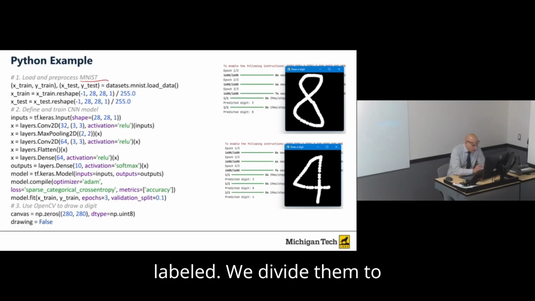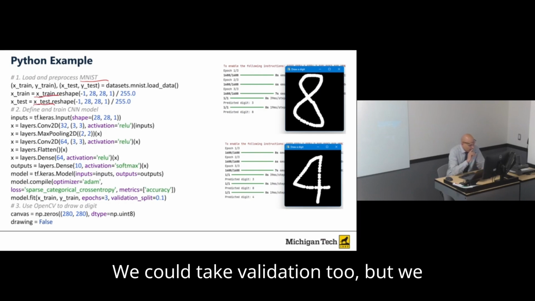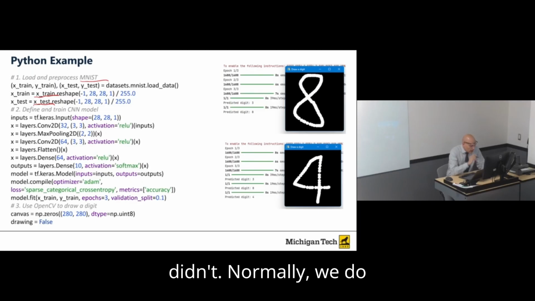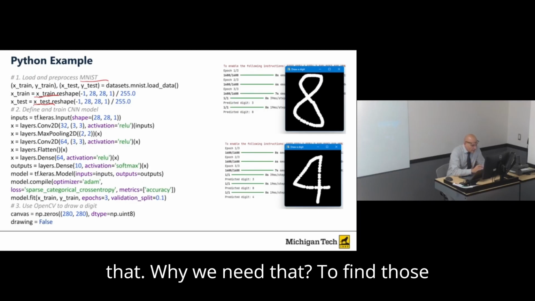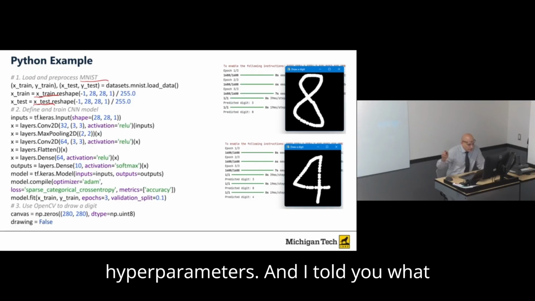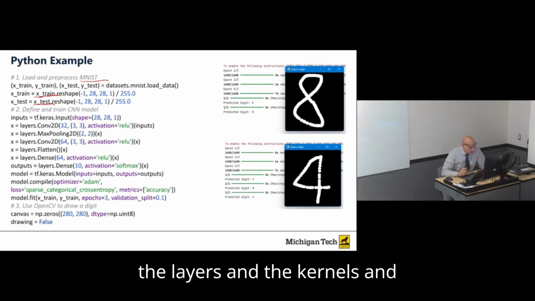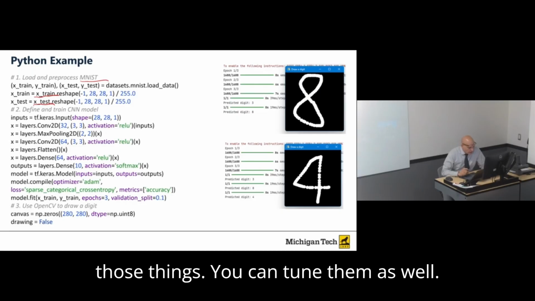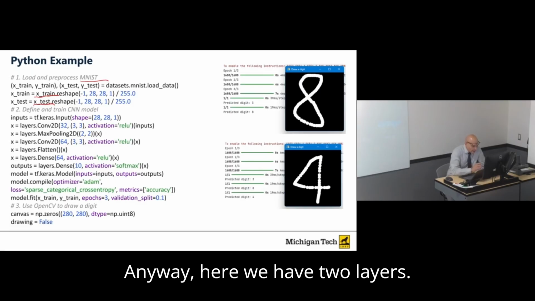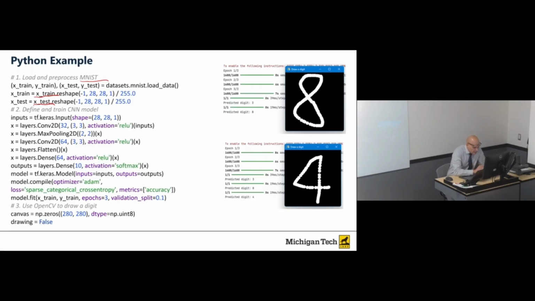We divide it into train and test. We could take validation too, but we didn't, though normally we do that. Why do we need that? To find those hyperparameters. And I told you what these hyperparameters mean: the size of the layers and the kernels and those things. You can tune them as well. Anyway, here we have two layers.